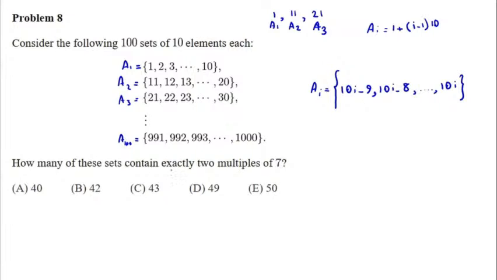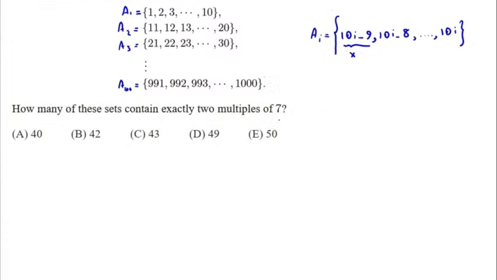It says how many of these sets contain exactly 2 multiples of 7. So I consider the first one as, for example, x. I say x mod 7 because we are working on multiples of 7. x mod 7 can be 0, 1, 2, 3, 4, 5, 6. If x is 0 mod 7, what numbers are good? We know here is x and the last one is x plus 9, so x plus 1 to x plus 9. So x is a multiple of 7 and x plus 7 is a multiple of 7. It's good.